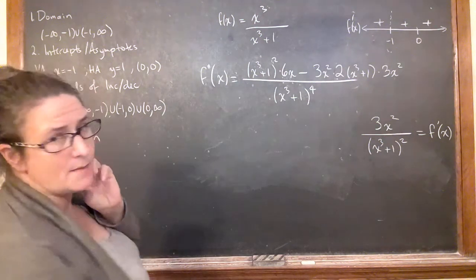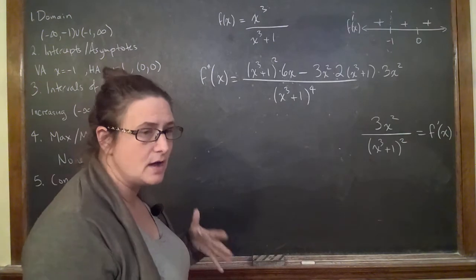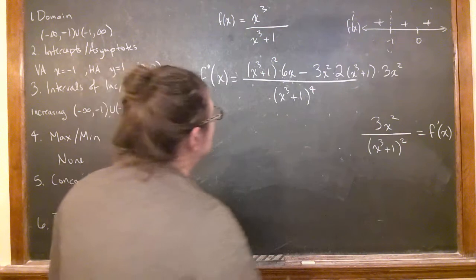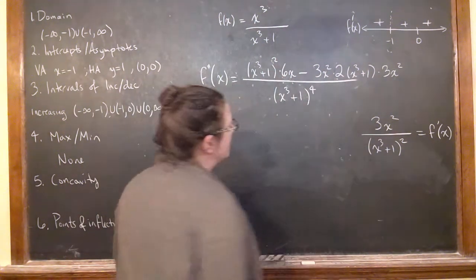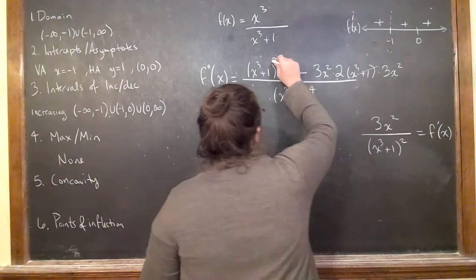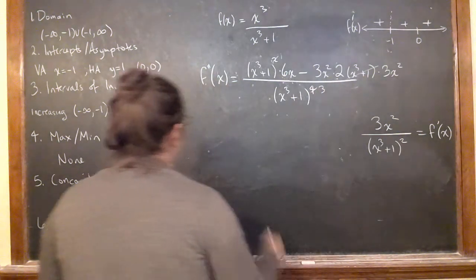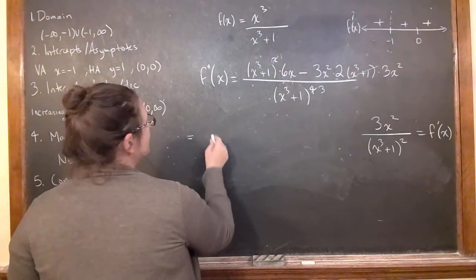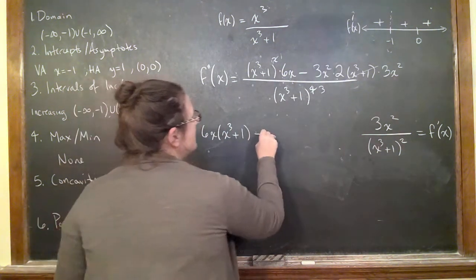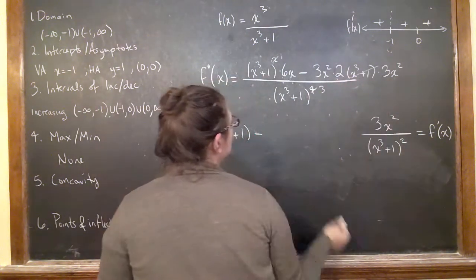And I need to clean it up because I need to solve for where it's 0. So I can't just leave the mess like I could have in other situations, right? But you can see one thing, each one of these terms has at least one x cubed plus 1 in it. So that cancels with that. That 2 becomes a 1. This 4 becomes a 3. So I can rewrite this second derivative like 6x times x cubed plus 1 minus, what is this? 9 times 2 is 18.